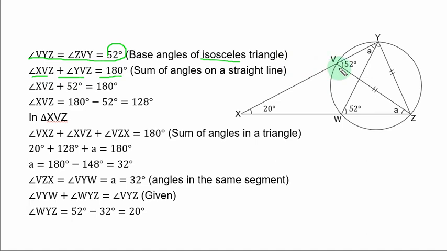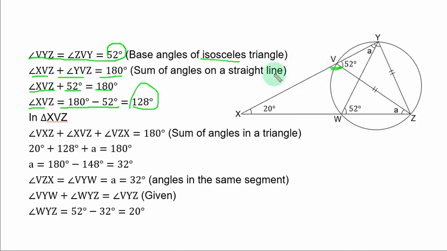We are trying to get this angle now. Then angle SVZ plus 52 degrees equals 180. You have it that angle SVZ is 180 degrees minus 52, and that is 128. So we know this angle.